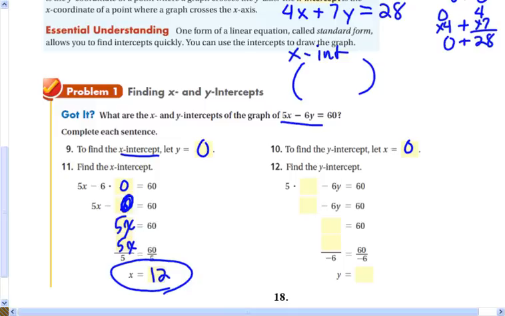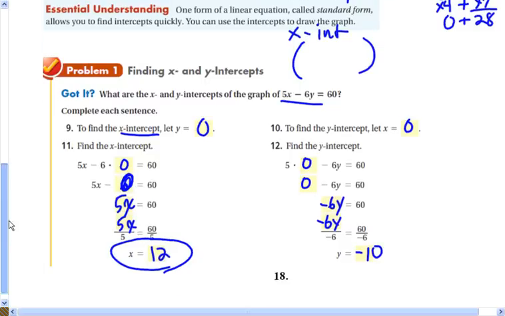To find the y-intercept, we're going to let x equal 0, so we're going to do 5 times 0. And 5 times 0 is just 0. And 0 minus 6y is just negative 6y. And negative 6y, we're going to divide both sides by negative 6 and find that y is equal to negative 10. So that's how you find the x-intercept and the y-intercept.